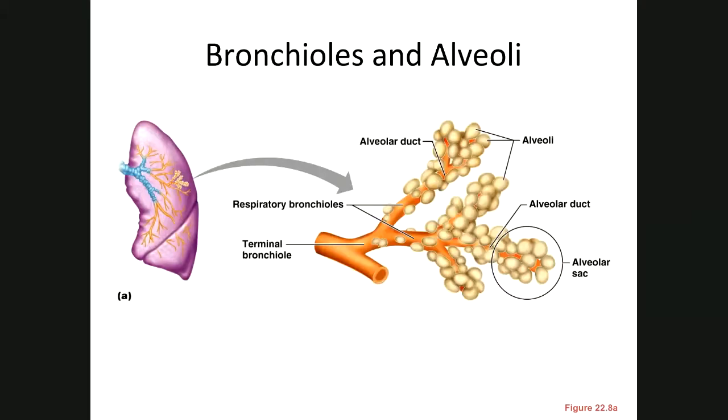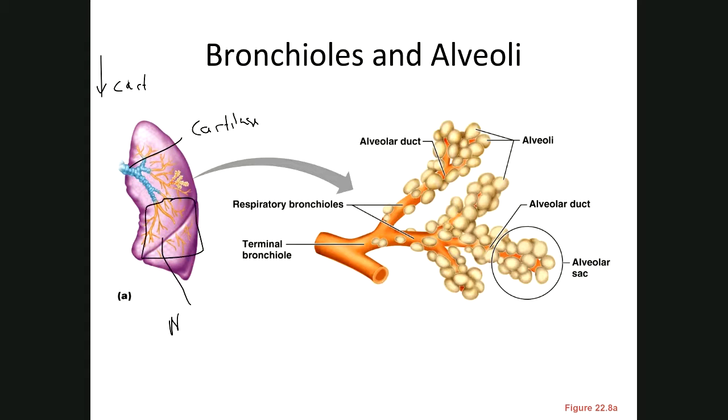If we follow the bronchi down into the lungs, they keep dividing, and keep dividing. Remember, we have cartilage. When you look here at this blue, that's cartilage. But the deeper you go into the lung, the less cartilage there is, until you get to some point where there's no cartilage.